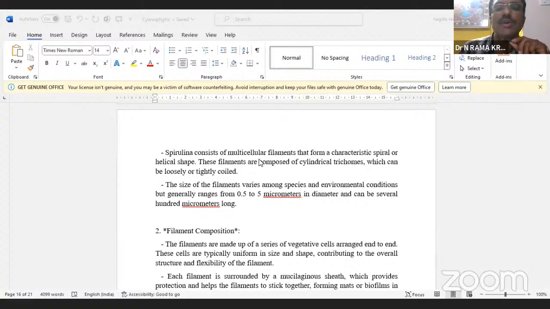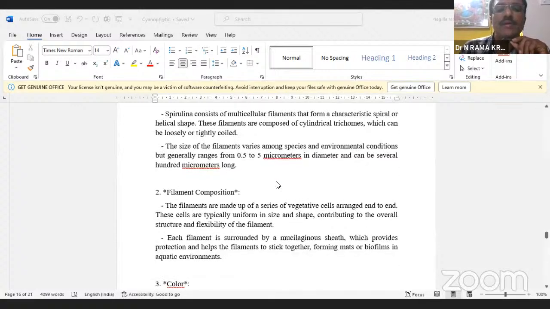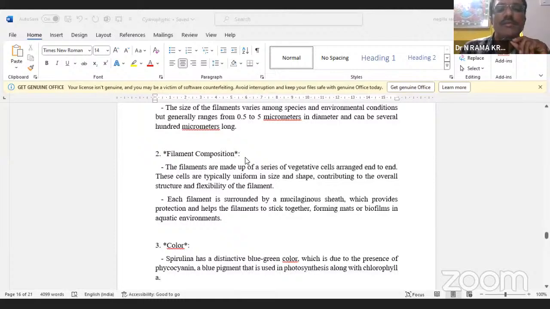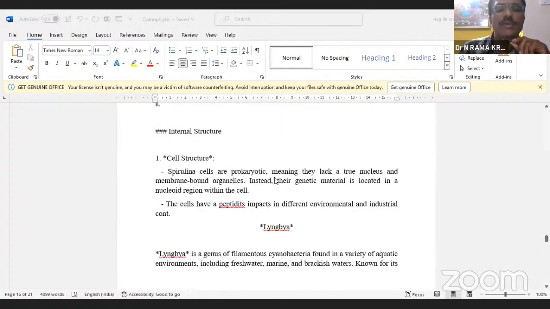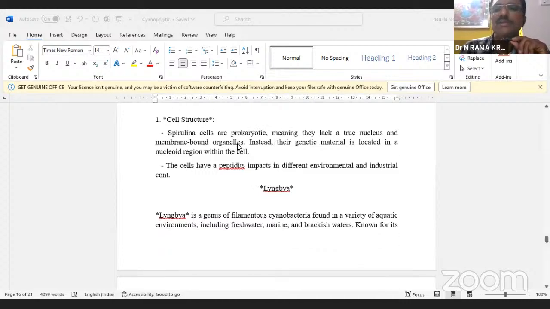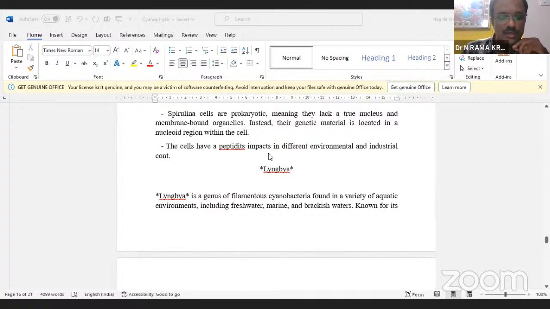It is multicellular, filamentous type, and this is the filament composition. Next, colors: Nostoc has only one color, and in this one we are looking at different types of colors. Cell structure, you already know very well, is prokaryotic. The genetic material is located in the nucleoid region within the cells. So this is the structure of Spirulina.